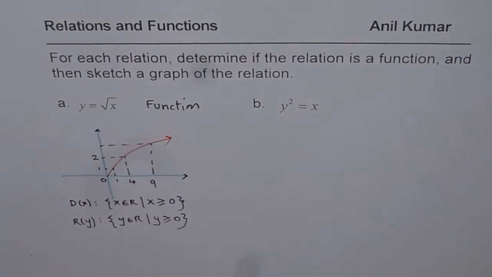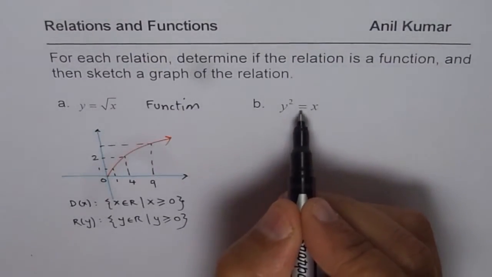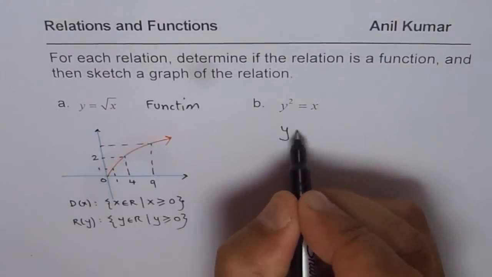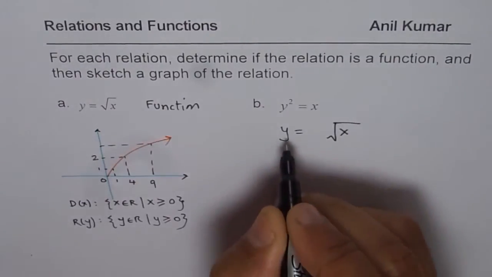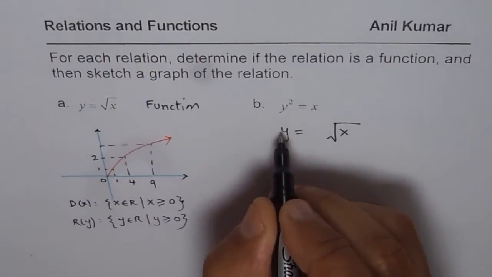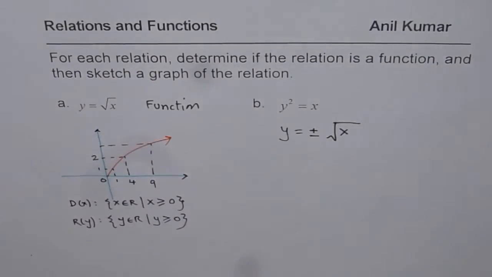What do you say? Well, we need to find what y is. Y square is equal to x, so y is equal to square root of x. You understand? Whenever you do square root, you have to take both plus and minus values.